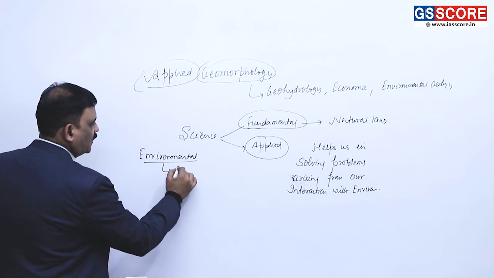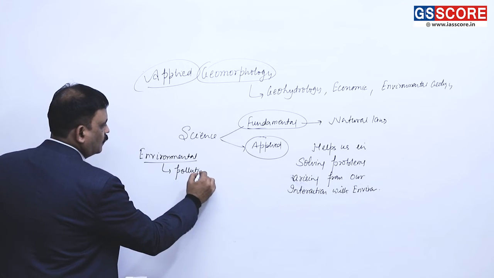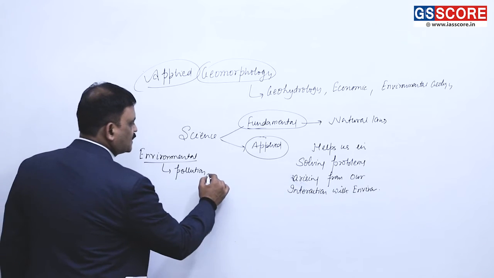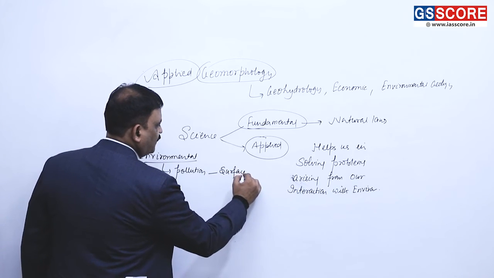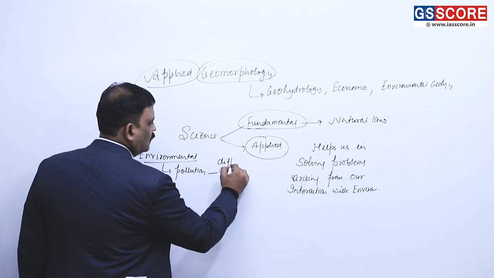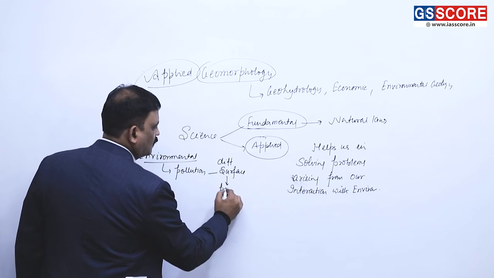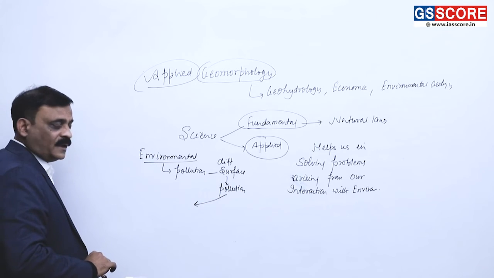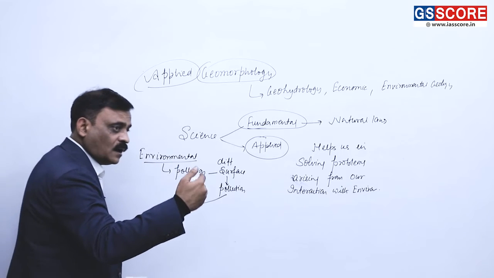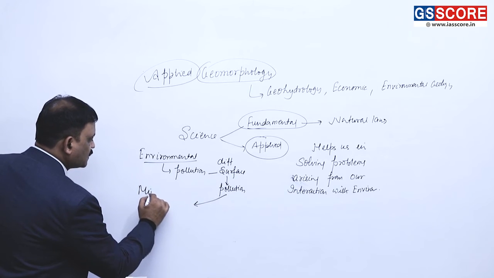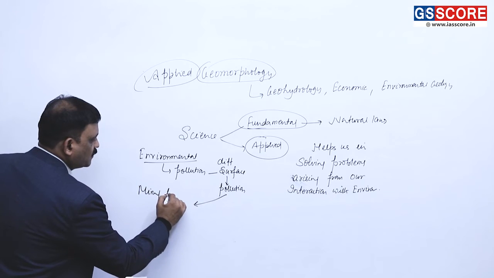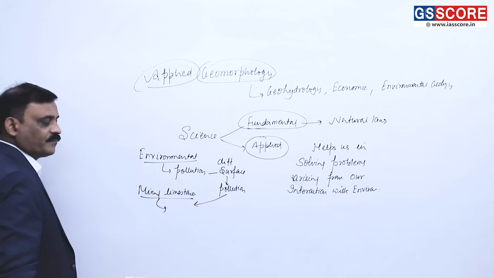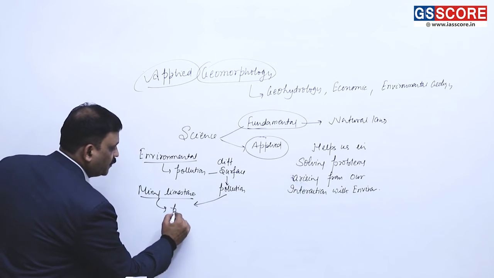Suppose, for example, you take pollution. Different surfaces may have different cases of pollution. For example, if you take an area where mining of limestone is taking place, then the pollution problem is going to be different.